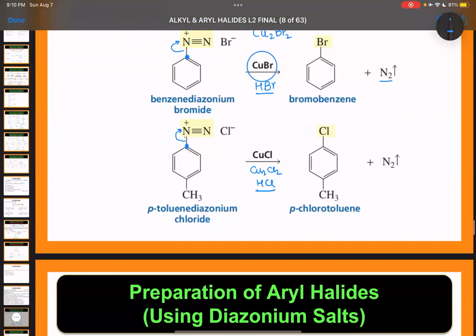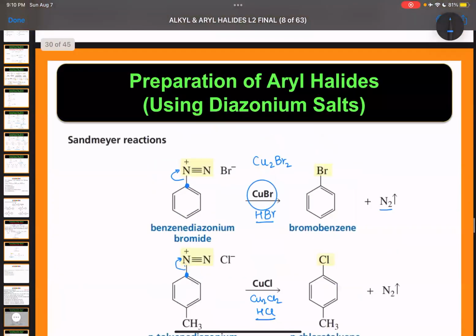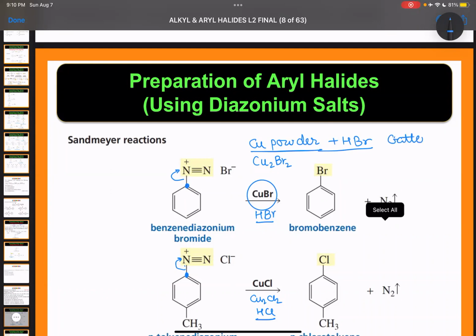In Gattermann, you take only copper powder. Suppose it is written as Cu powder plus HBr, then it is the Gattermann reaction. Just the difference of name.